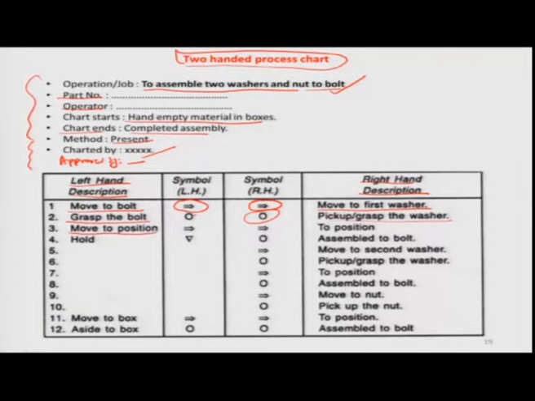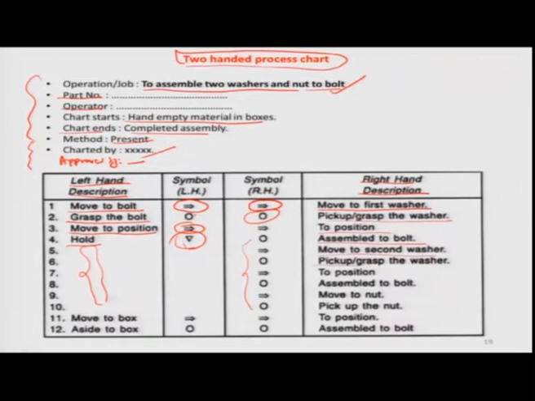Then the left hand moves to position. Again you have to make an alignment so that the assembly can be done, so it is a transportation. You do the same thing with the right hand. Then you are holding your bolt, that is for storage, permanent storage, and then assemble to bolt. After that you will have to keep it stationary and hold it till the rest of the operation is done by your right hand.